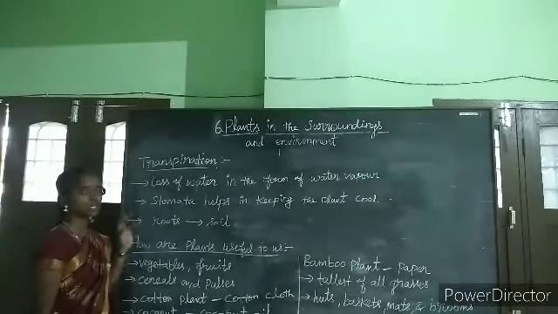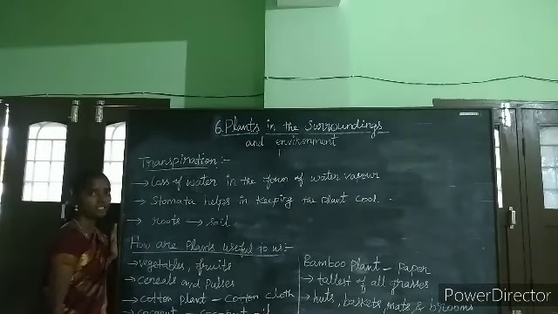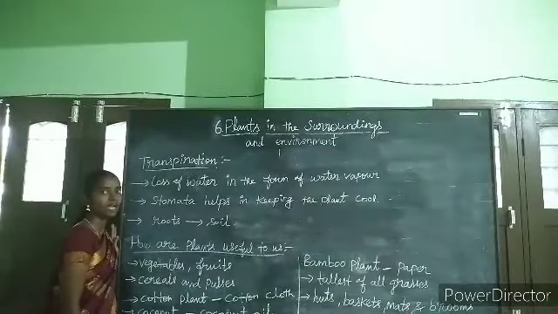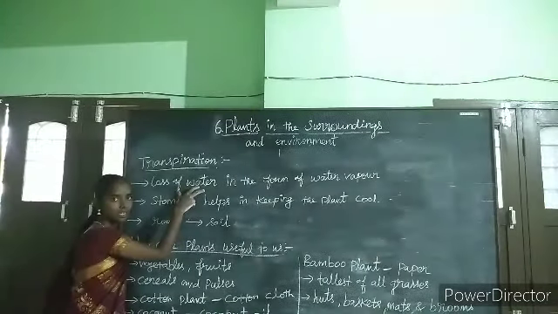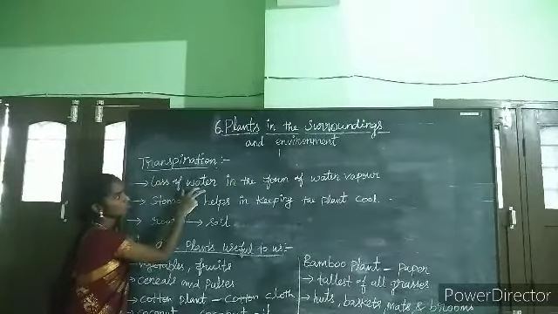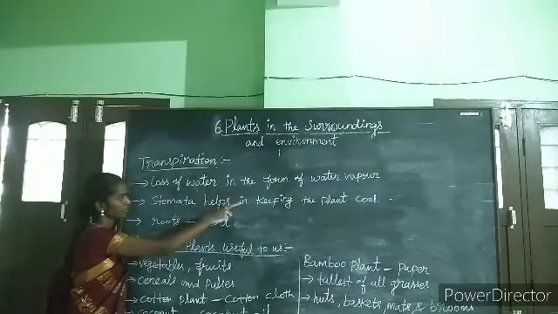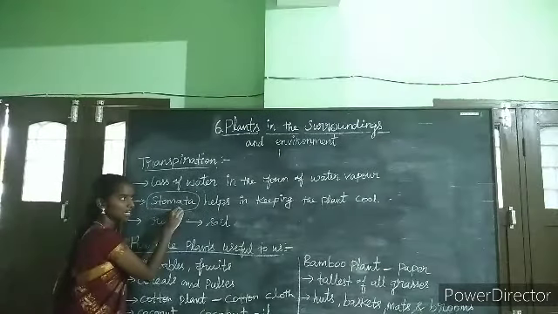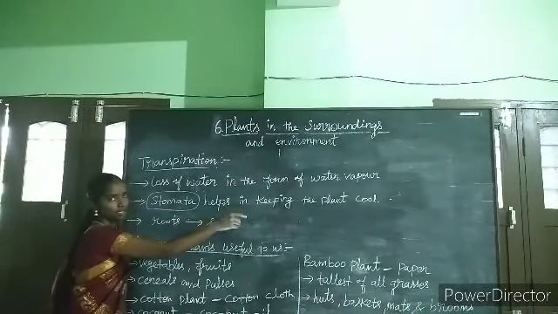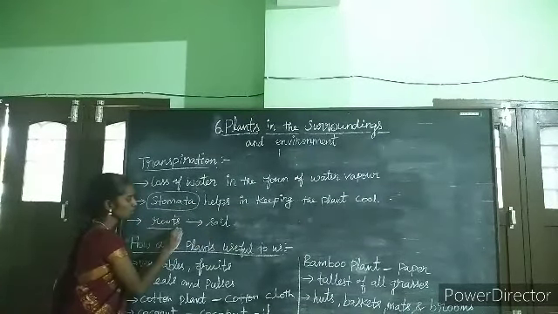Topic: transpiration. Transpiration means loss of water in the plant. So how will the loss of water be compensated? The water is lost in the form of water vapor. The stomata help the plant, keeping the plant cool. So what will the root do?